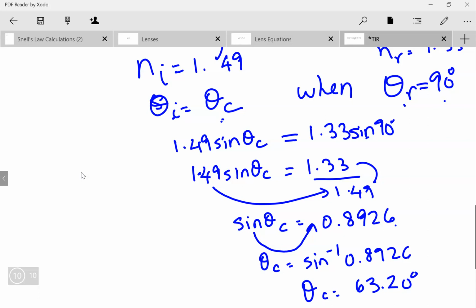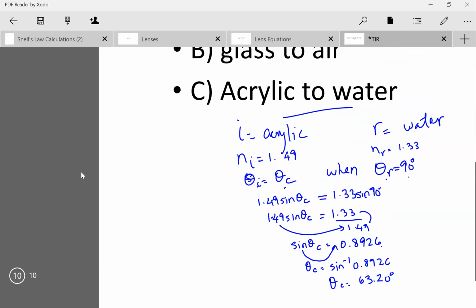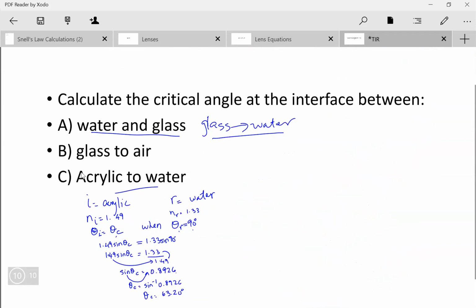Right, so that is how you calculate the critical angle from acrylic to water. Same way glass to water is the exact same calculations, except Ni will be 1.52. Glass to air, Ni will be 1.52, and R would equal 1.